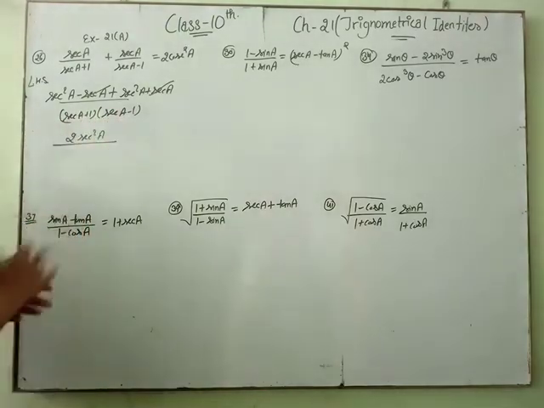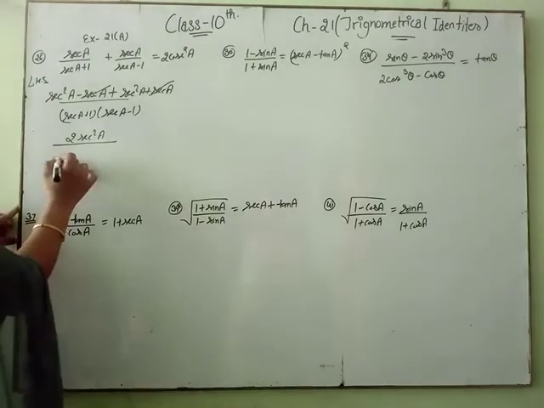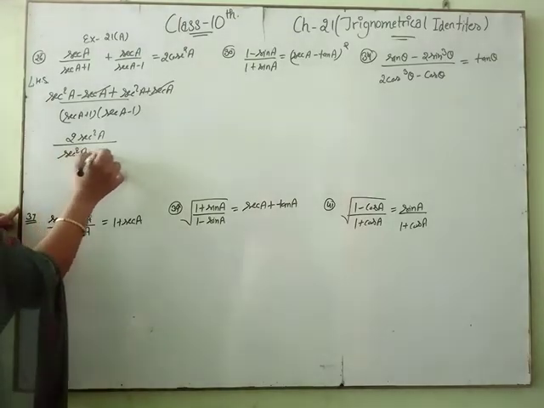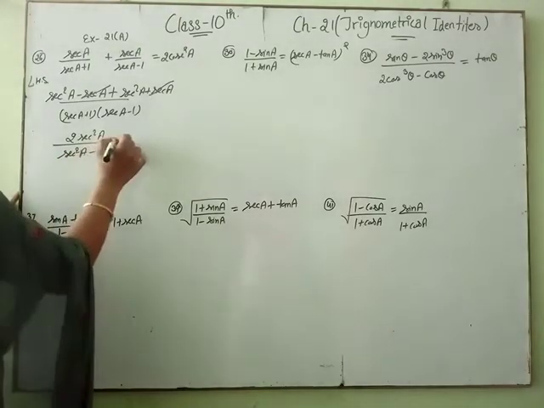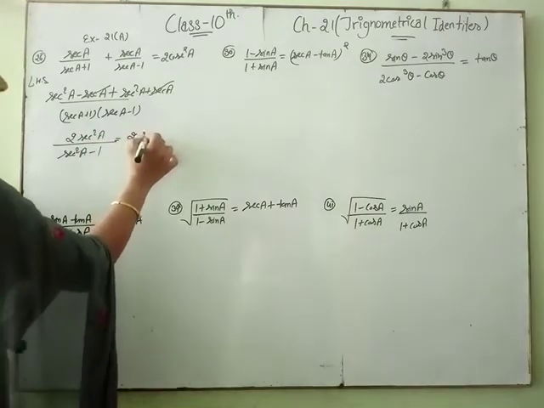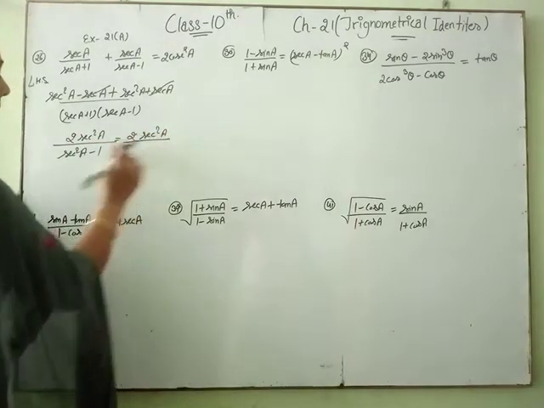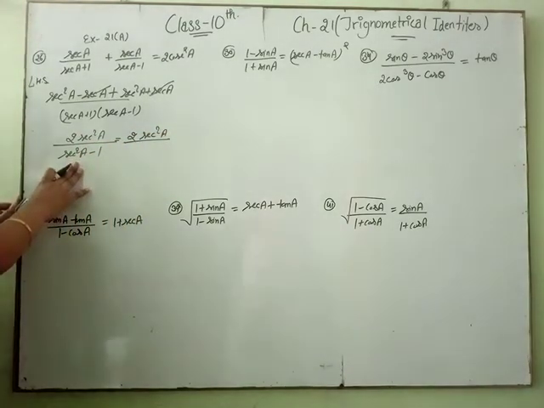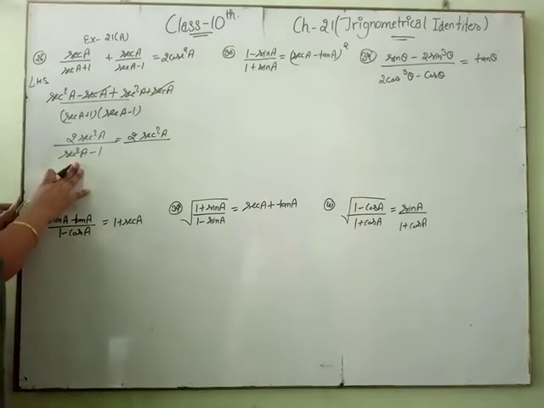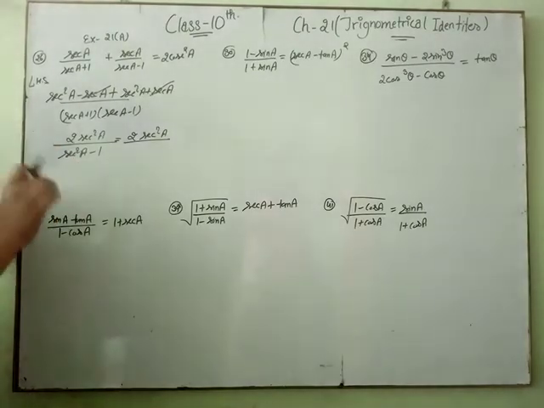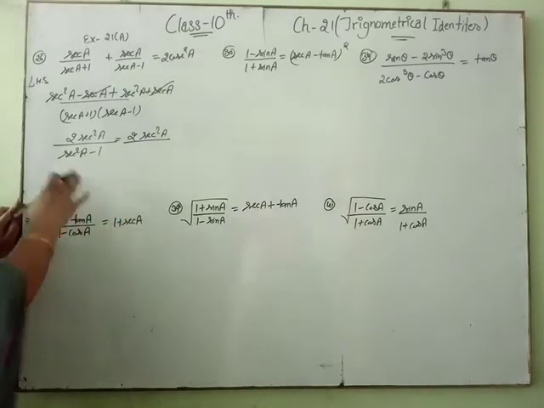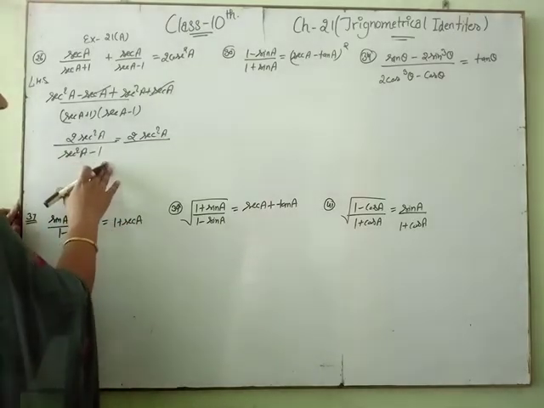A plus B, A minus B, A square minus B square, that is secant square A minus 1. Okay, and this equal to 2 as it is, secant square A, and secant square A minus 1. This equal to tan square A, because 1 plus tan square A equal to secant square A, and only tan square, secant square minus 1.